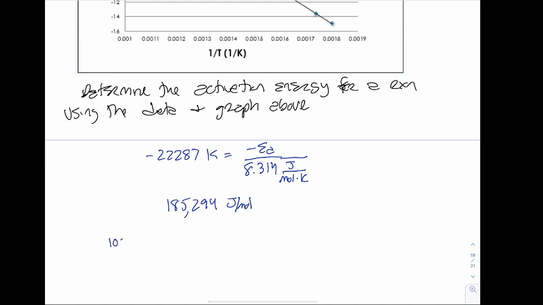Remember that there are 1,000 joules in 1 kilojoule. If you do need to go back and review metric system conversions, please do that. I'm going to assume, since this is general chemistry 2, you remember all of that from general chemistry 1. So 1,000 joules in a kilojoule. I'm going to end up with 185 kilojoules per mole as my activation energy.